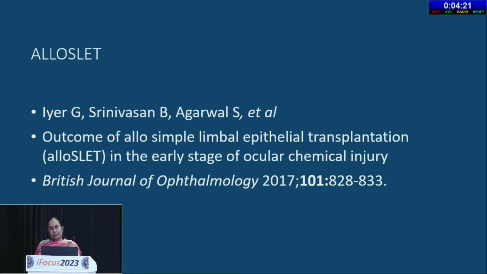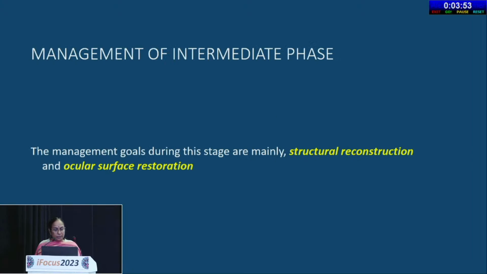But in the first case itself, if it's an industrial accident, you have to tell the people who are going to pay for that poor patient that these multiple procedures will be required. There'll be tarsorrhaphy required, there'll be amniotic membrane, a second amniotic, a third amniotic, allo-SLET, and so many things, and tenonplasty, without giving much recovery to the patient. The same patients you will be following up for 2 years, 3 years. So allo-SLET is the second one.